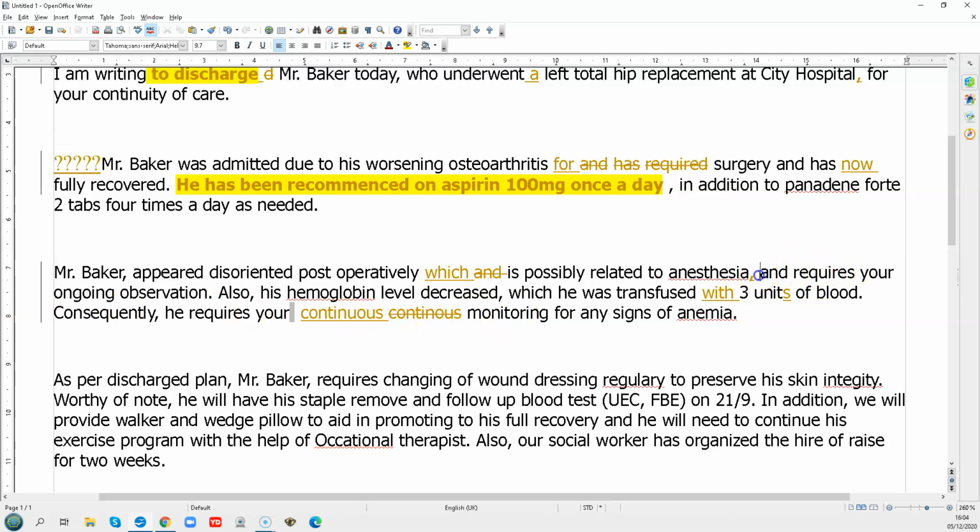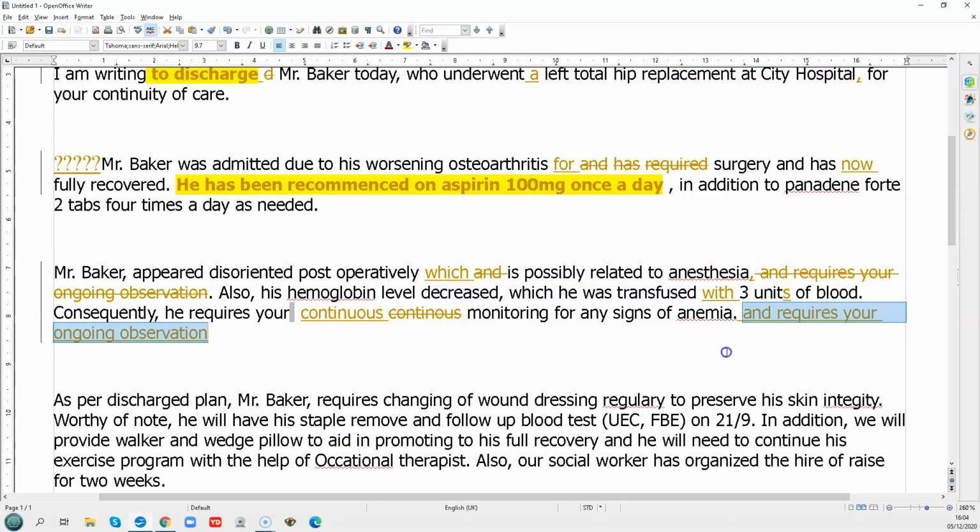So if you wanted to say it twice, if it's two slightly different things, you could put it there. Okay? Or simply say your continuous monitoring and ongoing observation. So you're kind of grouping like information in your sentences.